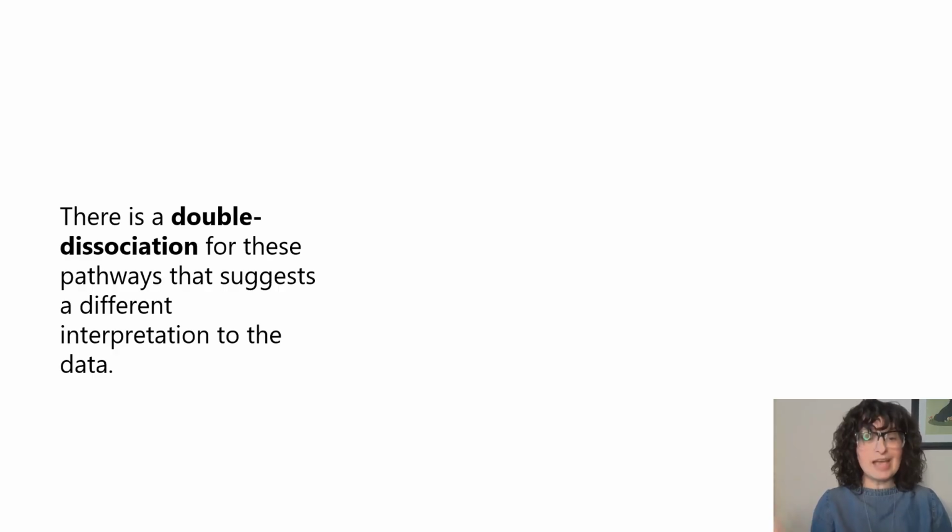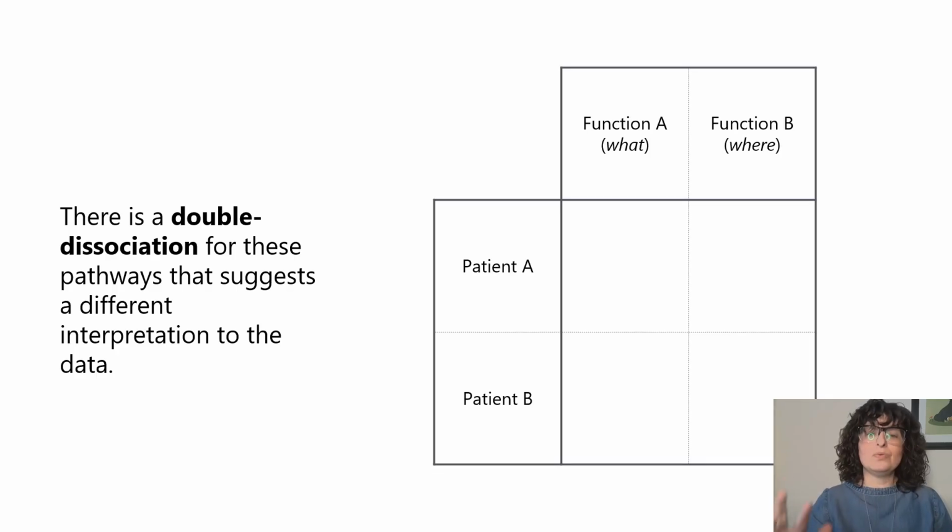And it turns out there is a double dissociation for the what-where pathway in patients that suggested a new, slightly different interpretation of the data. So I wanted to just briefly review a double dissociation. The idea with a double dissociation is that you've got two patients with opposing deficits and two functions that, you know, the patients are going to be able to keep one but lose another.